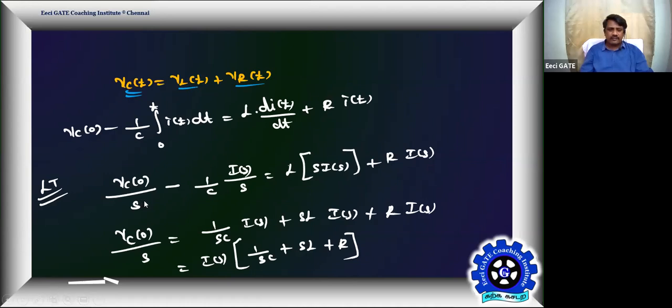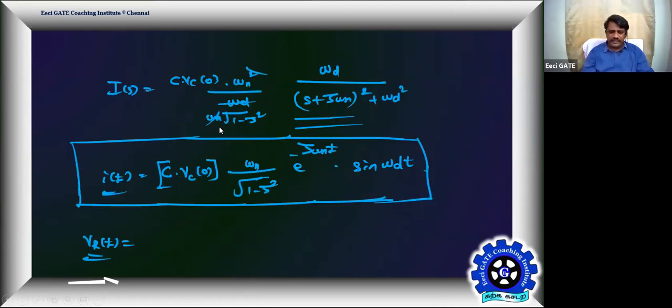Without finding this, you can't find VC(t). So you need to integrate your current and then do it. Otherwise, differentiate the current, multiply with L, and get this component also. Then these two add, and then you will get VC(t). It's your call whether you want to go by integration or differentiation.